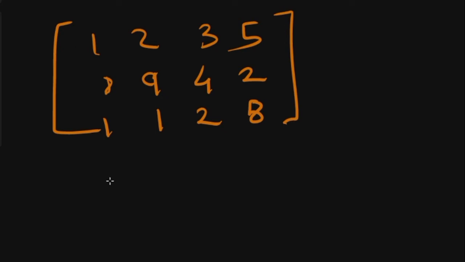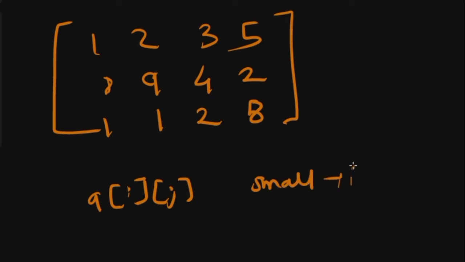What we have to do is check if any element A[i][j] exists such that the value is the smallest in row i, and largest in column j. So let's check.